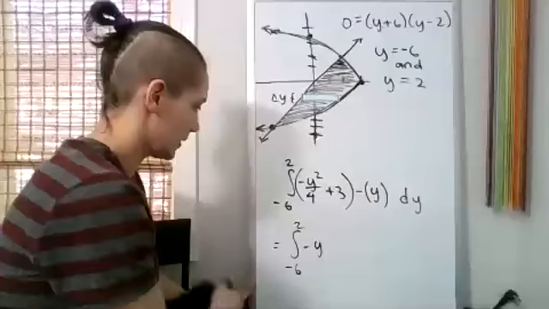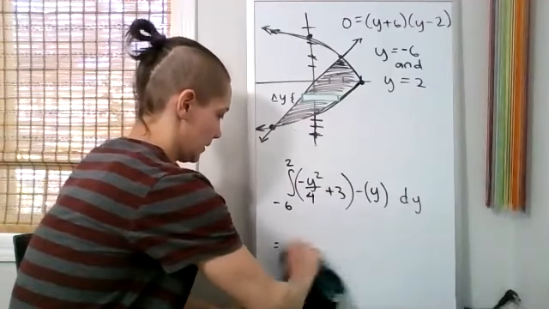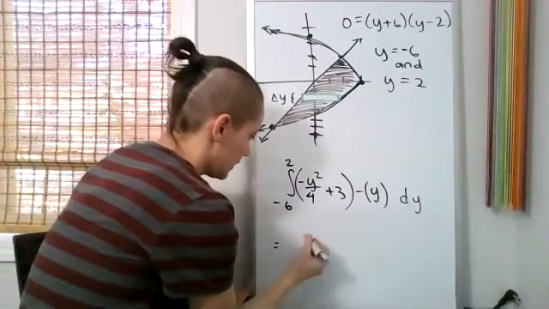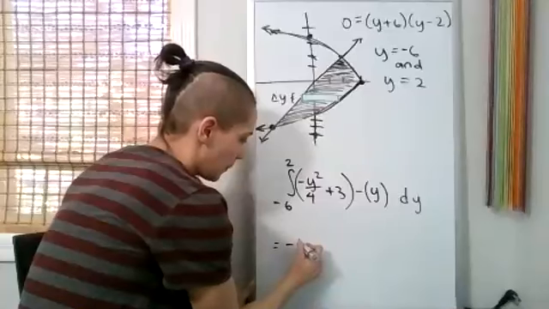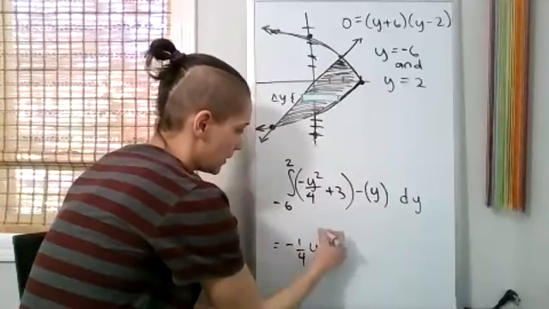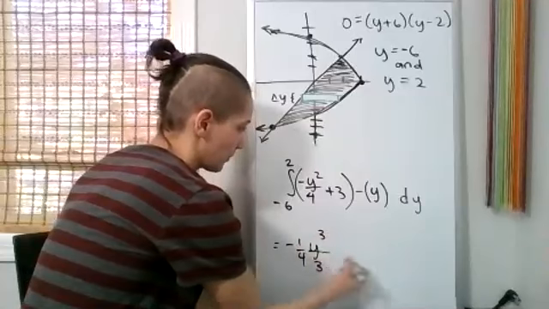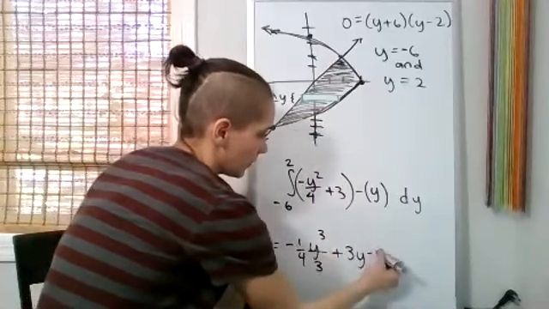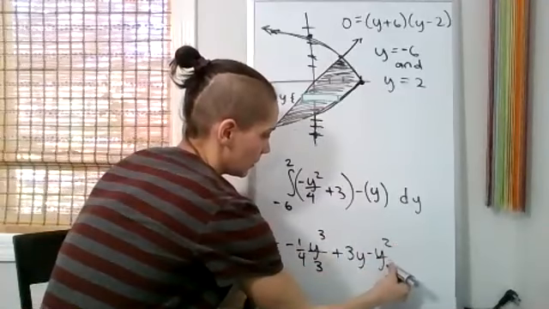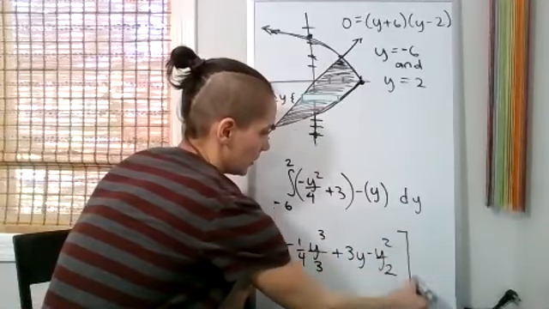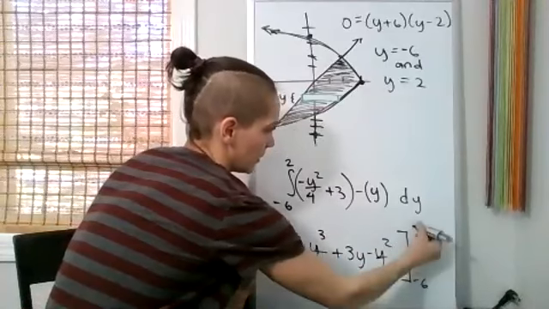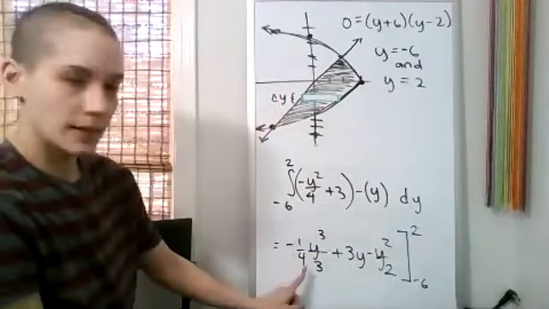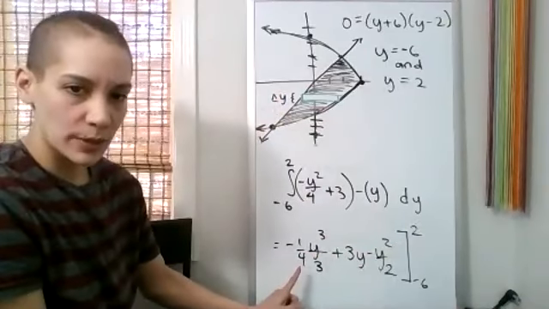Let's just go on, integrate. -1/4 y to the 3rd over 3 plus 3y minus y squared over 2. Evaluate from -6 to +2. So negative y cubed over 12.